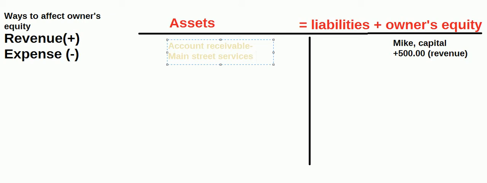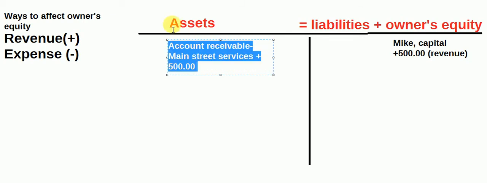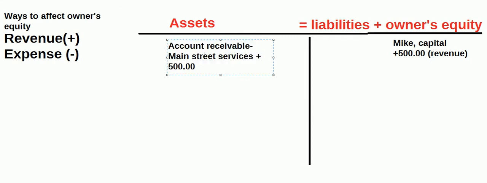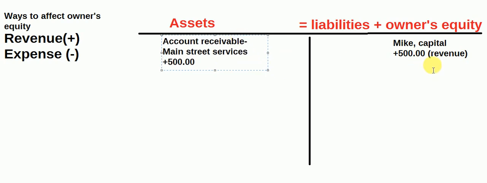How much is it? $500. I'm gonna change the color a little bit. Again, you see, when you sell something, your owner's equity always increases. Doesn't matter if cash is received or not. In this case, cash is not received. Okay, very good.